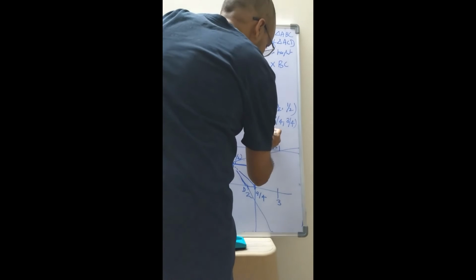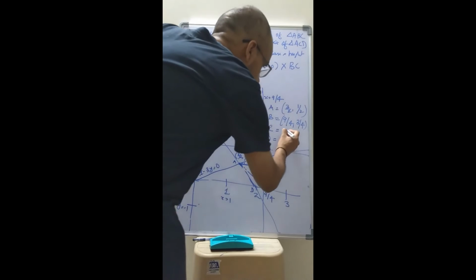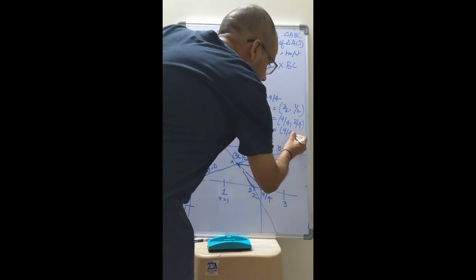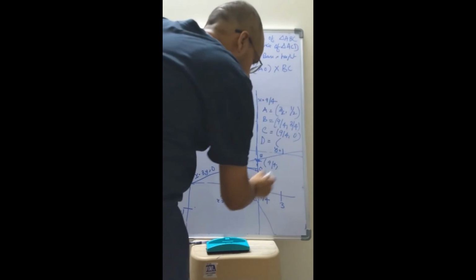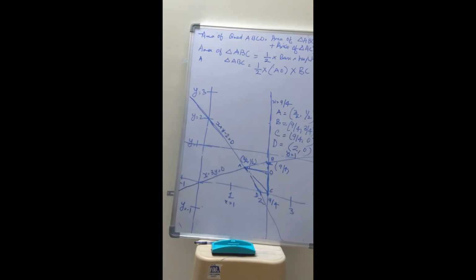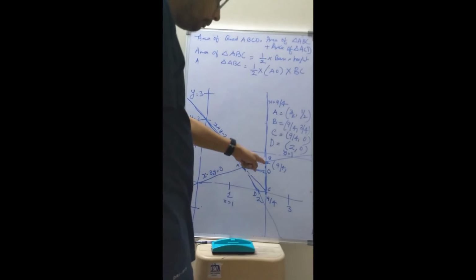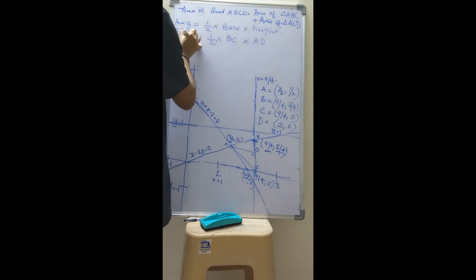What is C? At C, x is equal to 9 by 4 and y is 0, correct? At D, x is equal to 2 and y is equal to 0, right? So now you have got the coordinates of A, B, C, D. So what is the area of triangle ABC?